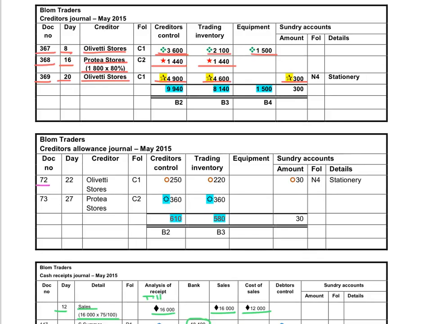Document number 72 on the 22nd, the creditor Olivetti Stores account will be affected with a total amount of 250 that we will split between inventory returned 220 and stationery returned 30 rand.